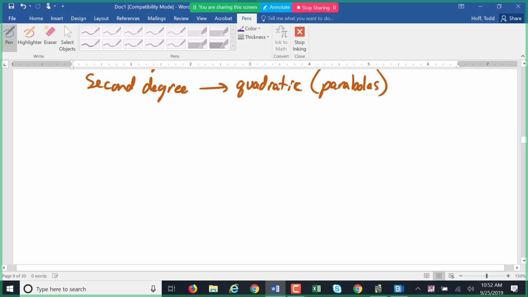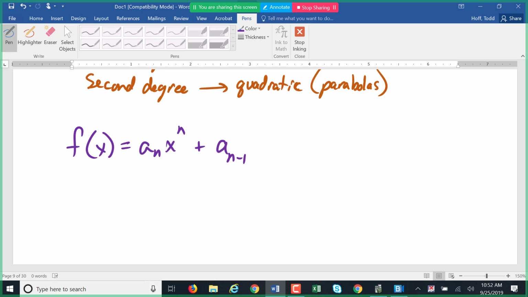So a polynomial function is a function of the form f of x equals a sub n times x to the power of n plus a sub n minus 1 times x to the power of n minus 1 plus, this will count down, a2 times x squared plus a1 times x to the power of 1 plus a0. Since we don't know how many terms there are, rather than labeling them a, b, c, d, we just use a with different subscripts.